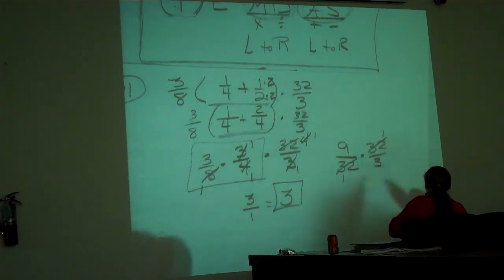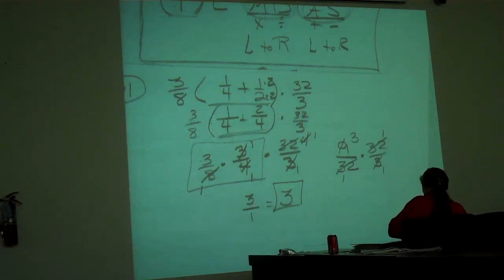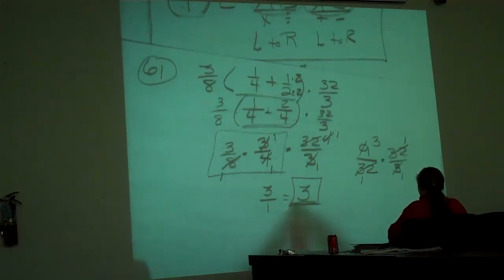Divide by 32, and you can divide these by 3. So you still get 3 over 1 is 3. So the answer was 3 over 1? Just 3. Yeah, 3 over 1 is 3.